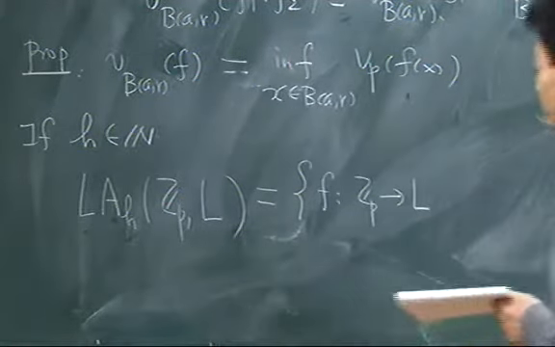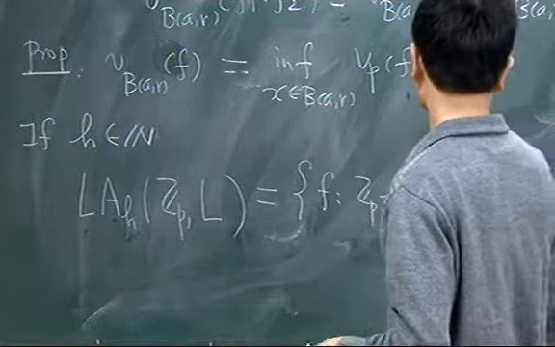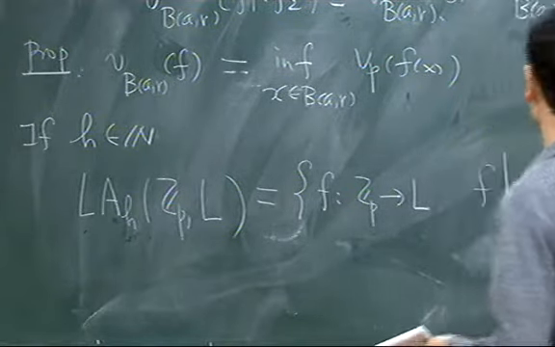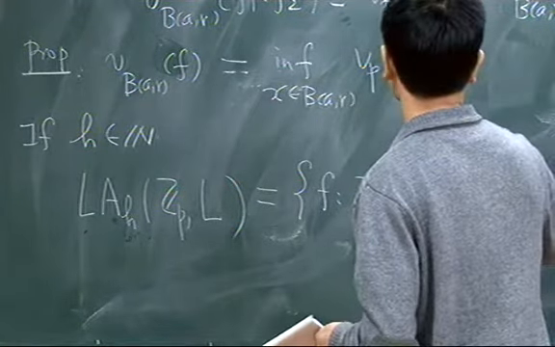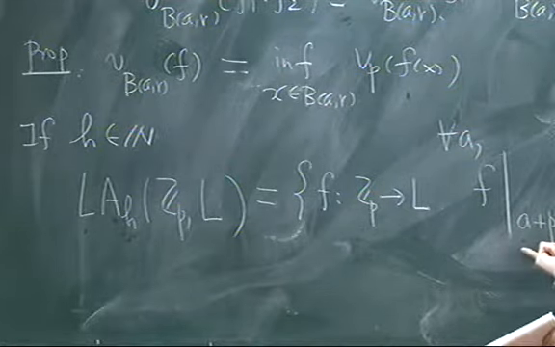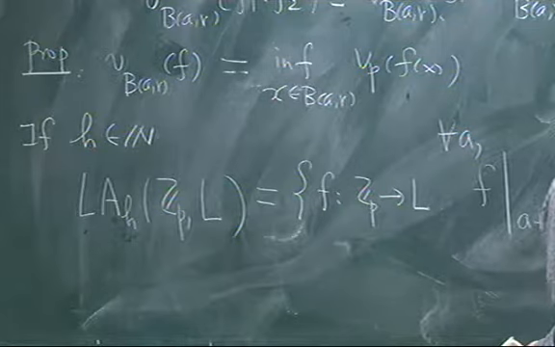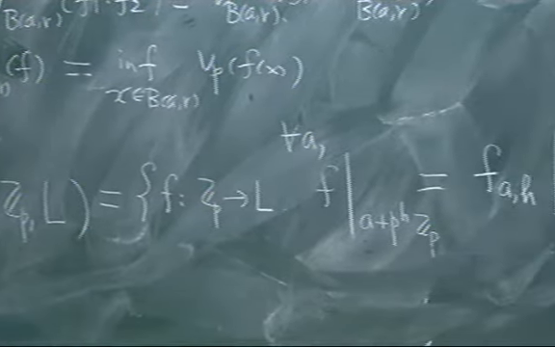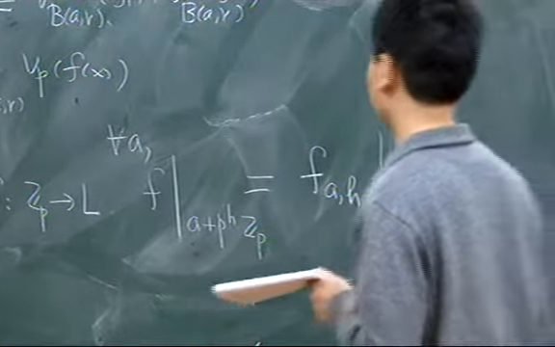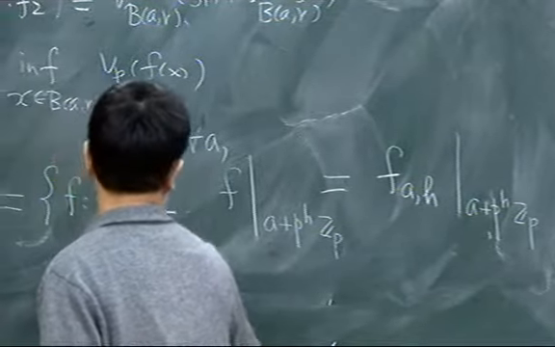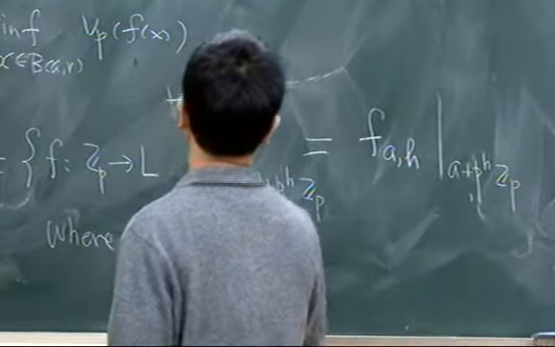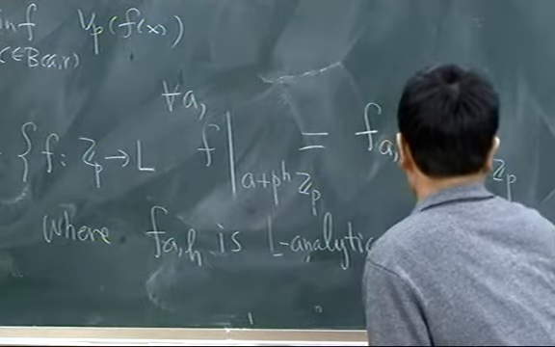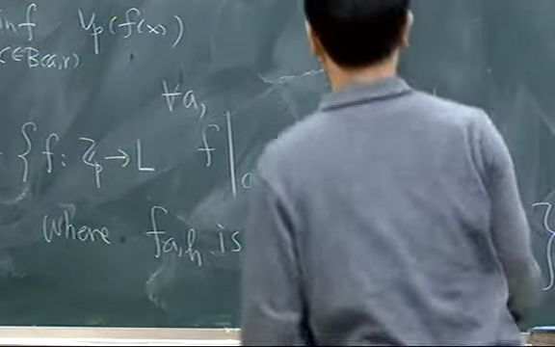First, certainly you take a function f from Z_p to L, and the restriction of f to a + p^h Z_p, so a is for any a, this restriction is a function f_{a,h}, if f_{a,h} is L-analytic on B_{a,h}.